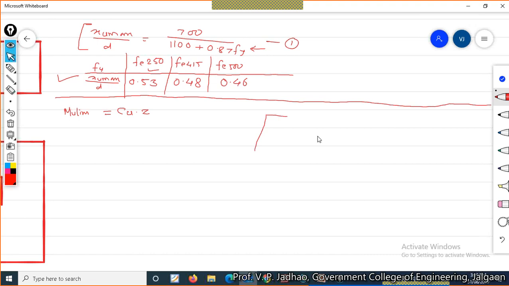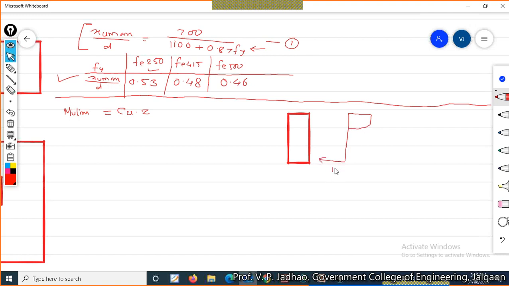Okay, if I draw the force diagram for any beam, if this is your beam, the force diagram will be something like this.